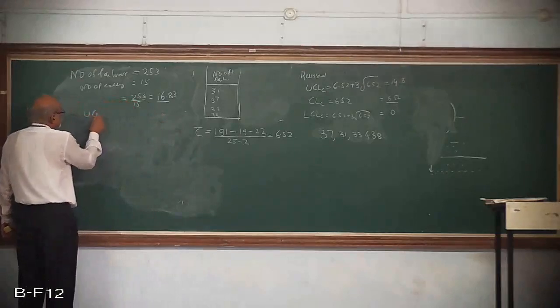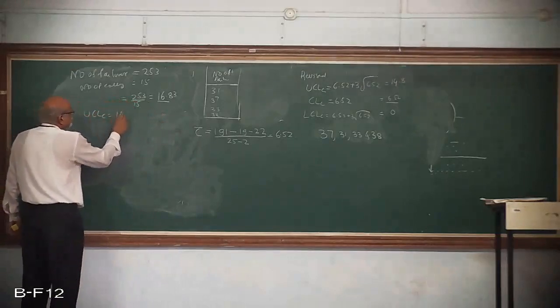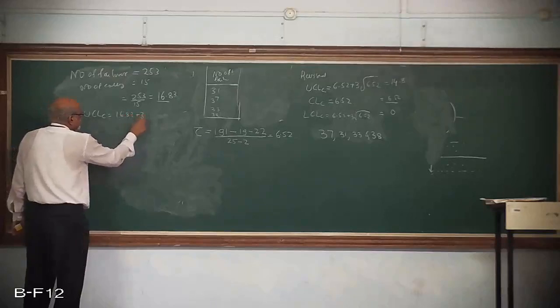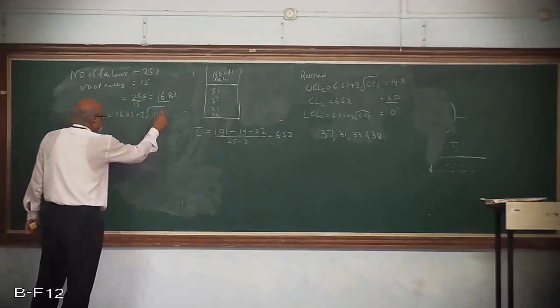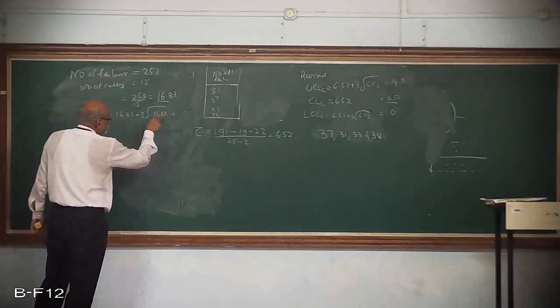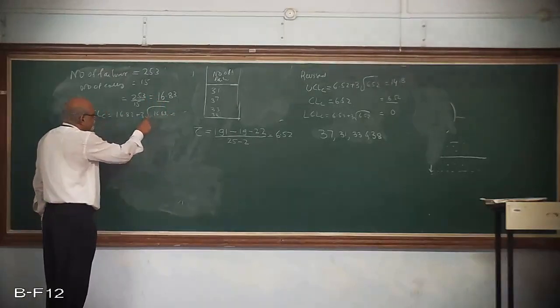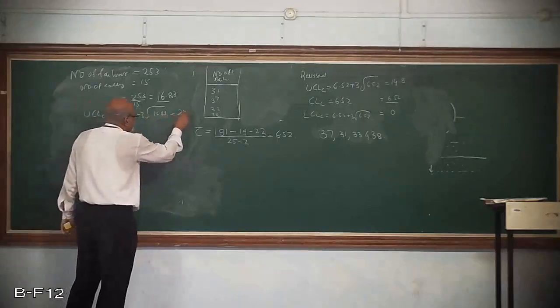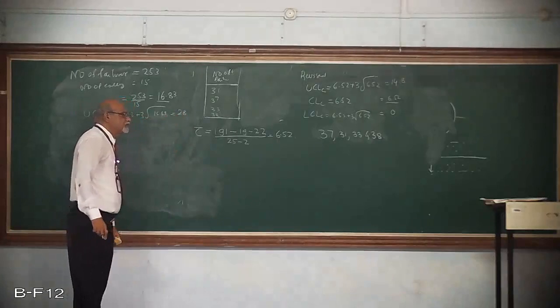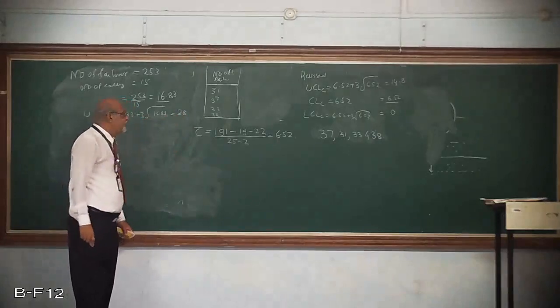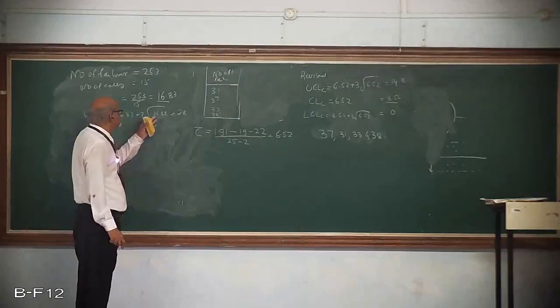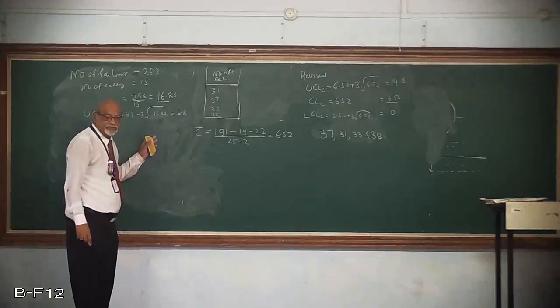So the upper control limit is 16.83 plus 3 times the square root of 16.83. That is approximately 3 into 4, 12, plus 16, around 28. The upper control limit is 28. And the lower control limit works out to be something around 4. So up to that, it is allowed.